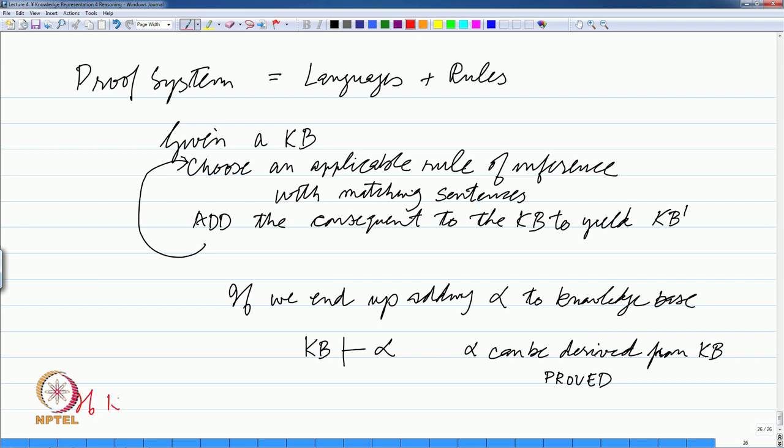If the KB is true, and by this we mean that every sentence in the knowledge base is true, and alpha is true, as a result we have already said that alpha is entailed by the KB essentially. We write this as KB entails alpha. So, a similar symbol, but with two lines here. So, this is entailment.